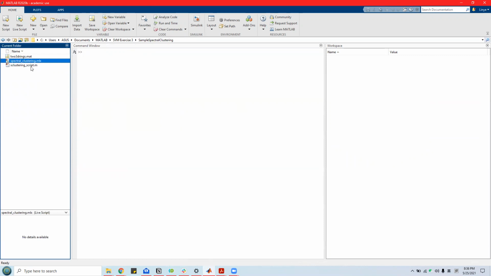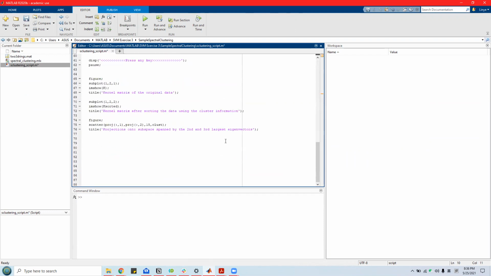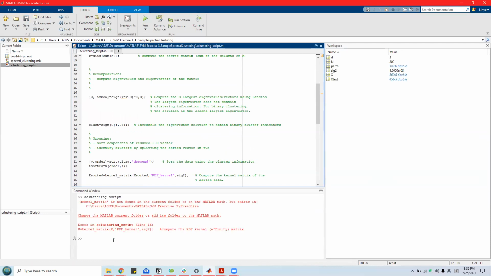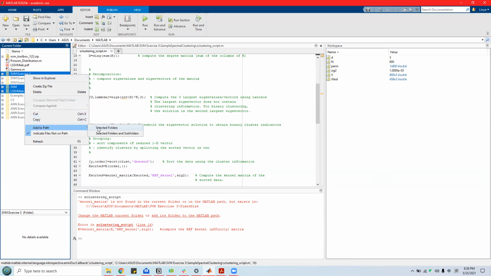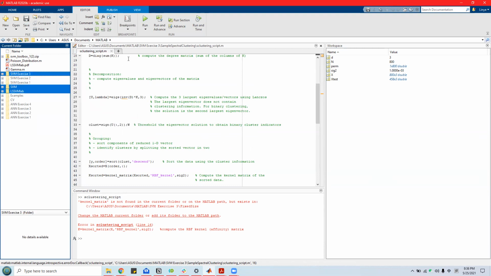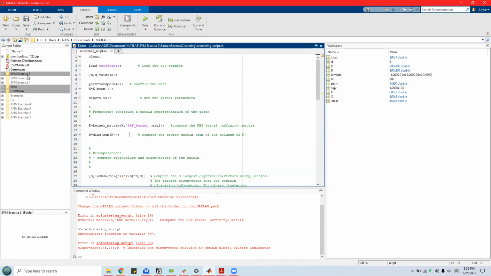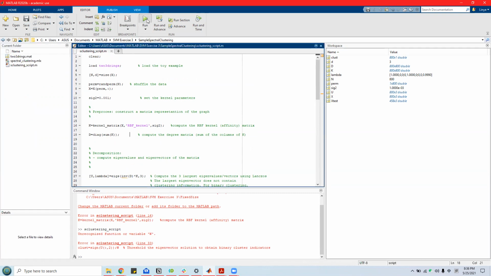Let me check that. This one, right? So 0.1. Let me just run this. Oops, I think I didn't add the path. Okay, run it again. Okay, I need to run from this directly.